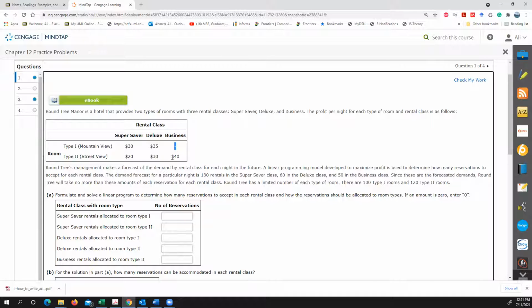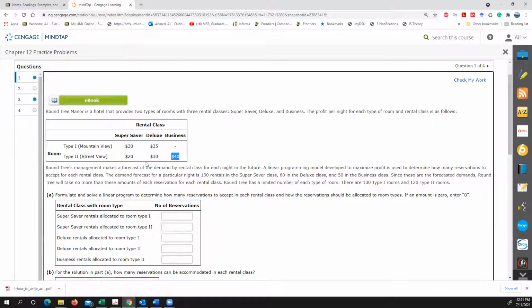Only type 2 has a business class. So technically, there should be 5 parameters, 5 different changing values, not 6. So we have to make a model which has 5 different parameters: x1, x2, x3, x4, and x5, not x6.